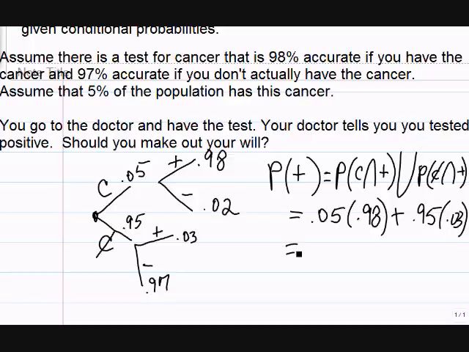All right, so I did these numbers earlier, so hopefully they turn out right. That's 0.049, because I can never trust you guys to bring a calculator. Then 0.0285. So the probability that you test positive is 0.0775. So the probability that anybody tests positive for this cancer is 7.75%.